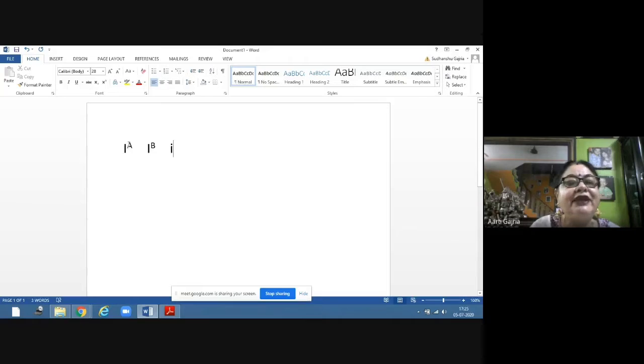It will be AB. That means A is also expressing itself. Similarly, B is also expressing itself. So both are dominant. Both are capable of expressing themselves. That's why this is called codominance. A as well as B.